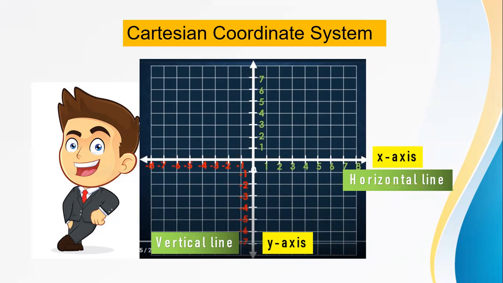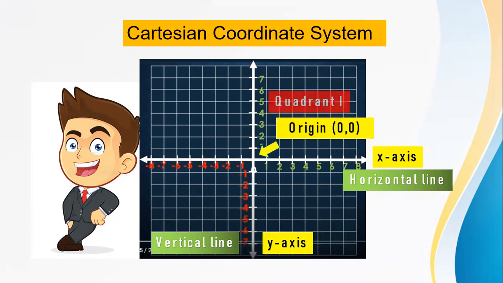Then the point of intersection of the horizontal and vertical number lines is called the origin. We have 0, 0, and it divides the plane into four regions called quadrants.